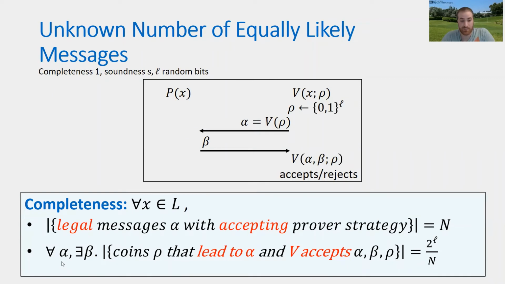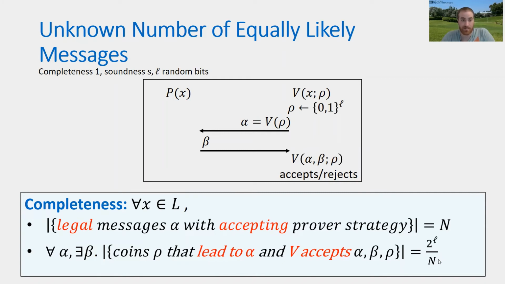Then looking at a specific legal message alpha, there exists a prover strategy beta for which the number of coins rho that explain alpha and also cause the verifier to accept given beta, alpha, and rho is 2 to the L divided by n.